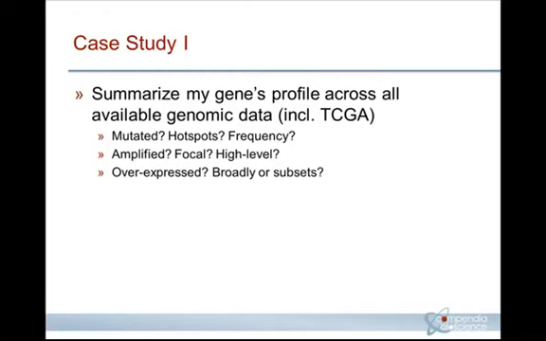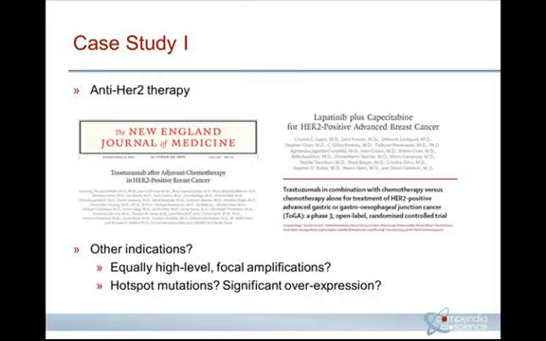So we're going to focus the case study on HER2 as we consider additional opportunities for anti-HER2 therapies. As we all know, HER2 amplifications and treatment with anti-HER2 agents really is a model for targeted therapy and biomarker-driven drug development.